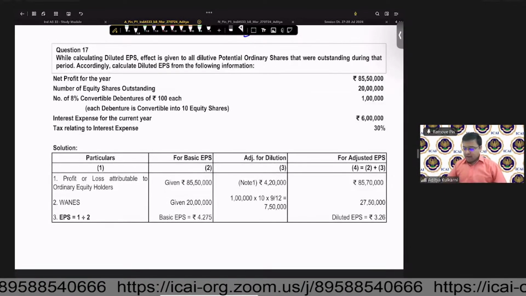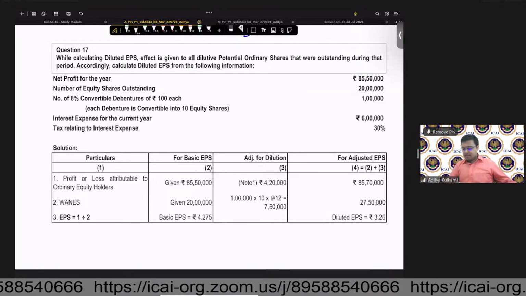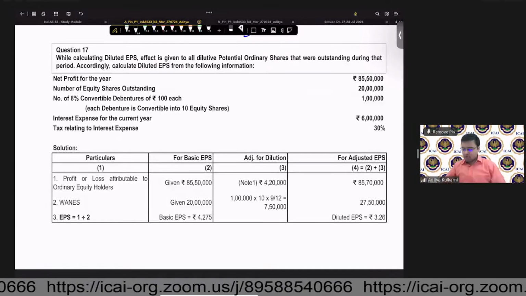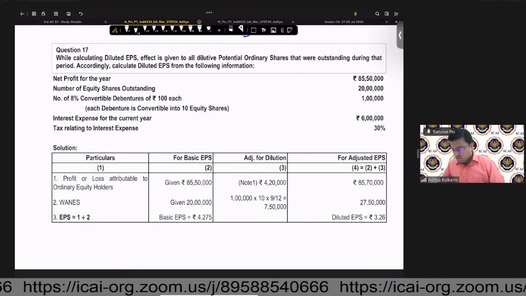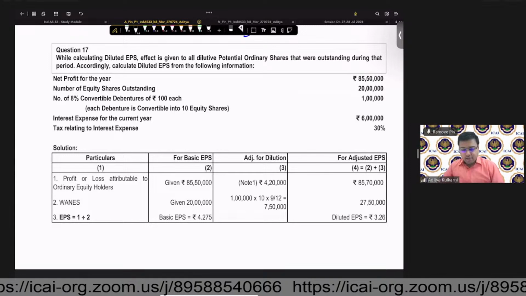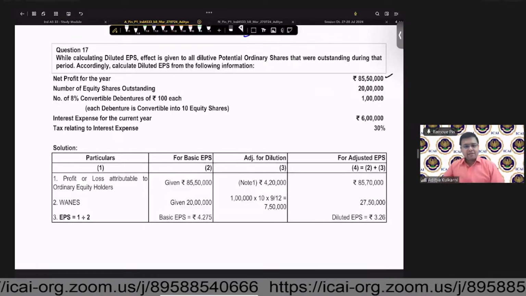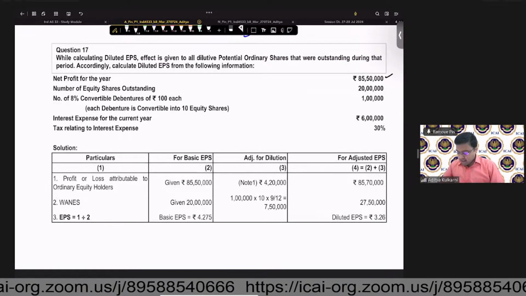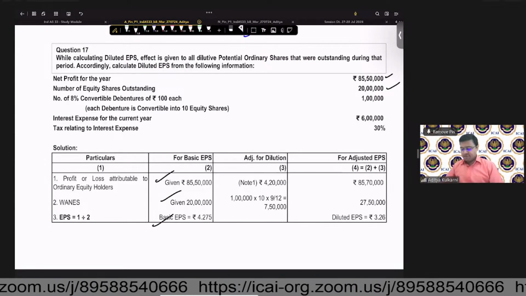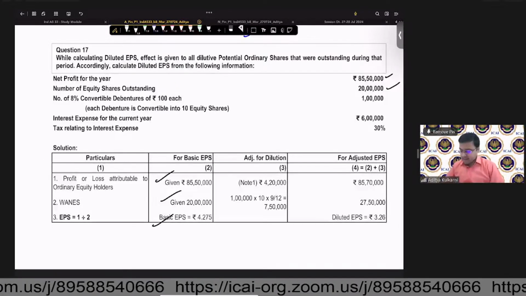All right. While calculating diluted EPS, effect is given to all dilutive potential shares that were outstanding during that period. So calculate diluted EPS from the following. Net profit for the year 85,50,000. Number of shares outstanding 20 lakhs. So the basic comes 85,50,000 divided by 20 lakhs straight.